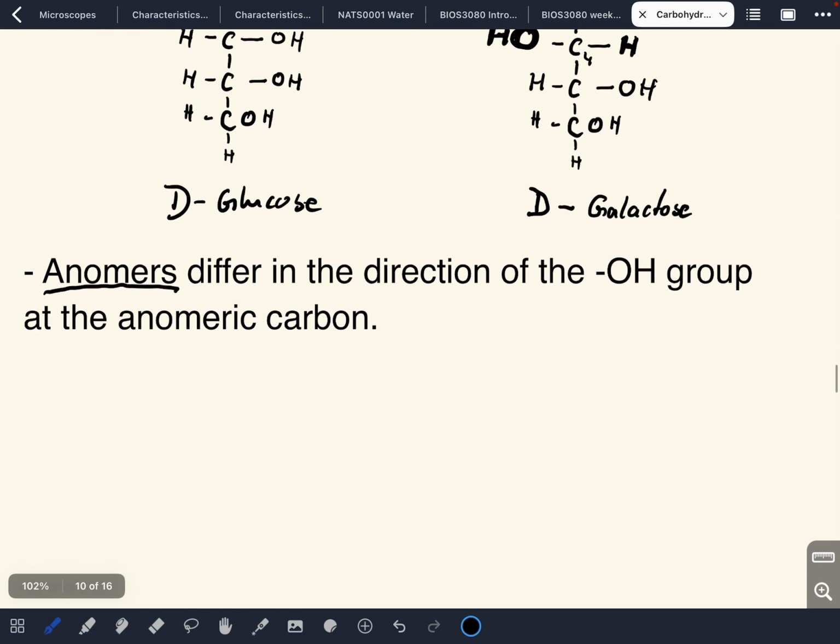and anomers are the result of the reaction of the OH group with the carbonyl function.